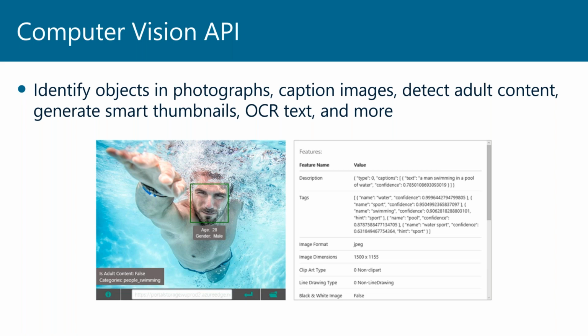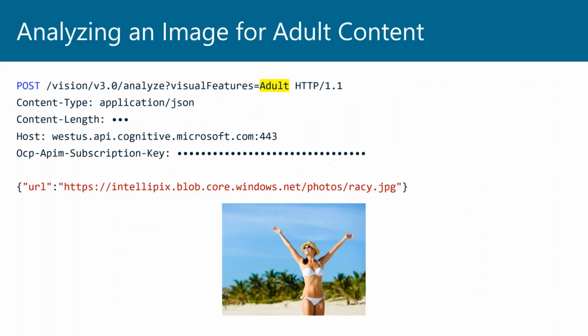I actually use that capability quite a lot when I need training images for neural networks. I'll use Bing search to find the images, then I will use the Computer Vision API to size all those images to the same size, the size that I'm going to input to my neural network, knowing that because I use the smart thumbnails capability, it's going to retain whatever is the focus of that image.